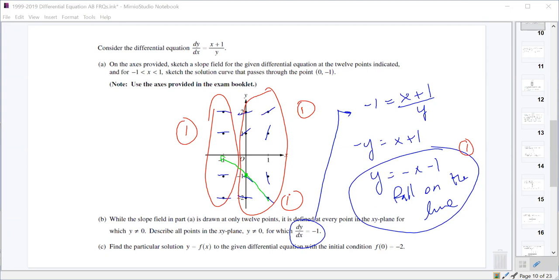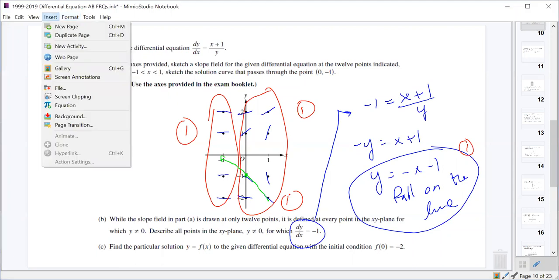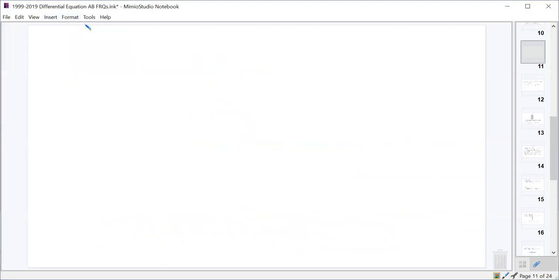All right. Part C. First, we separate the variables, which looks like this. 1 point.